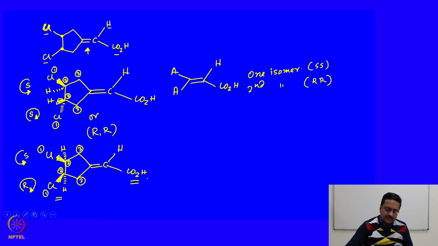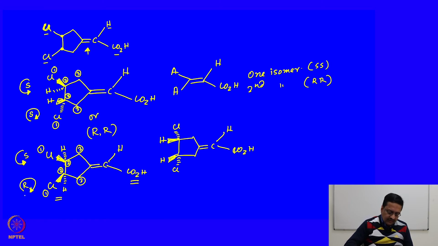on the same side, or we have another possibility of having the molecule like this, where these groups are interchanged. So here it is SR, where R and CO2H are on the same side.